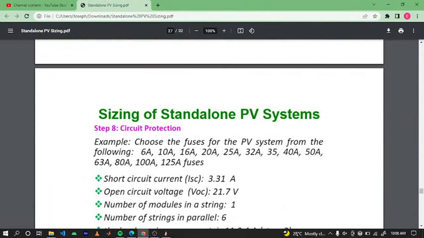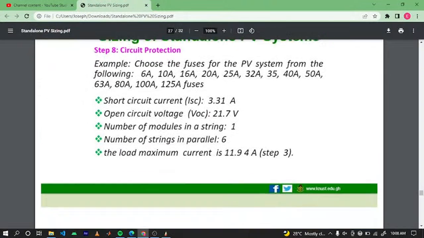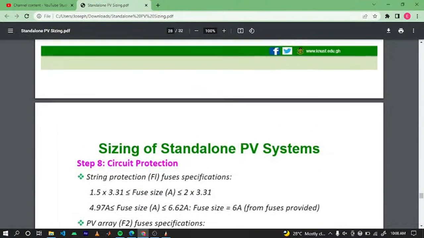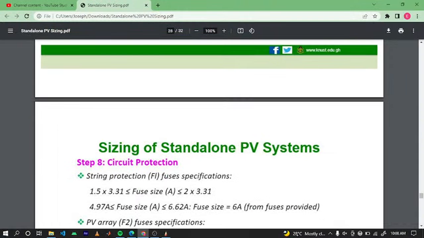Now the next thing is an example here. You know that we have to use a fuse of 4 and 6.